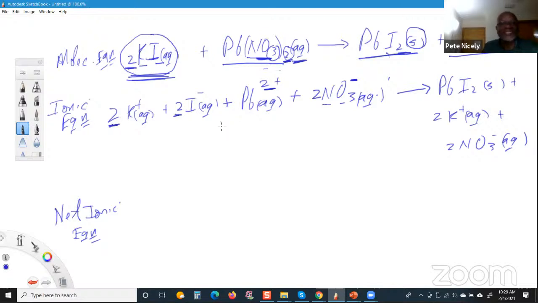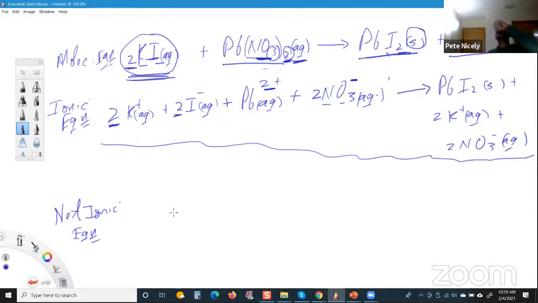So I want you to look at this equation here and tell me which items are common to both sides. The potassium, that's correct. So we have the 2 potassiums here and the 2 potassiums here.